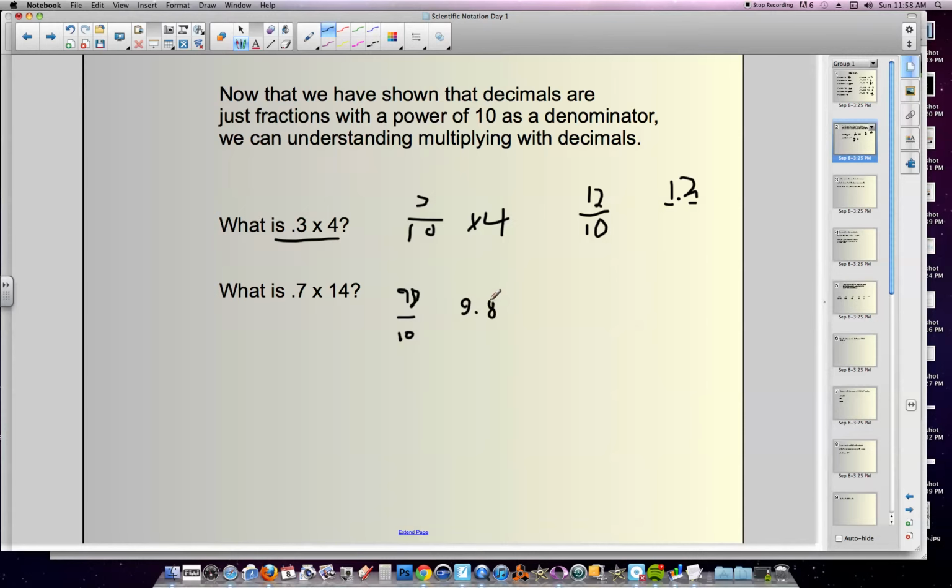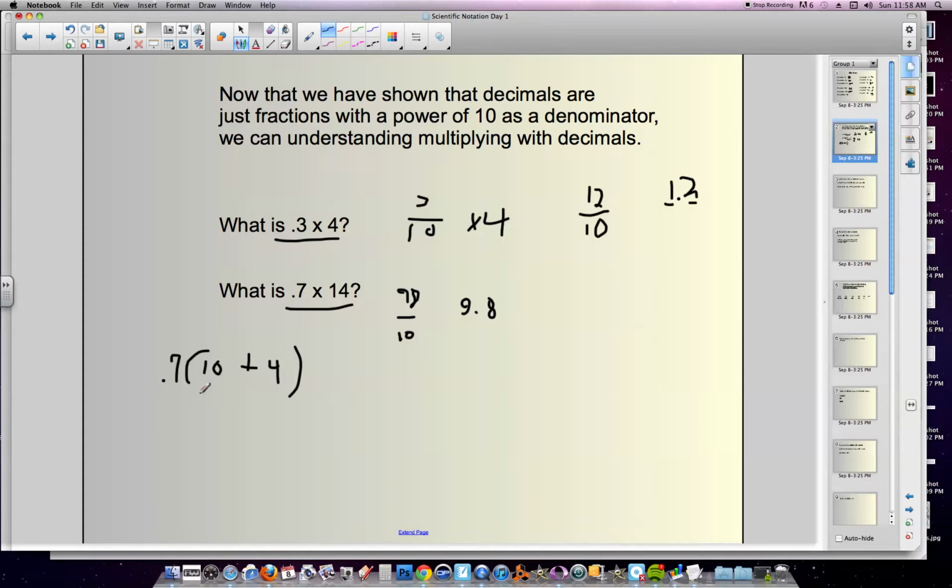And where we're headed, I can kind of take a break and ask, how did I do that quickly in my head? I can use the distributive property, right? 14 is really 10 plus 4. And that whole thing is being multiplied by 0.7. So I said, okay, this is 70 over 10, right?